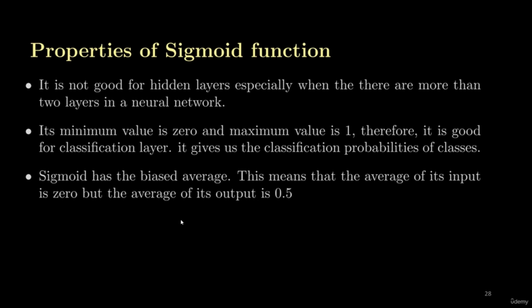But what will we get at the output? For minus 10, we will get 0, and for plus 10, we will get 1. And the mean of 0 and 1 is 0.5. So this means that the output of the sigmoid function is biased and the input is not biased. That is, the sigmoid function produces a biased average value of the output.